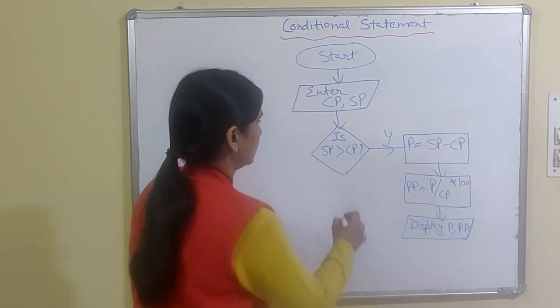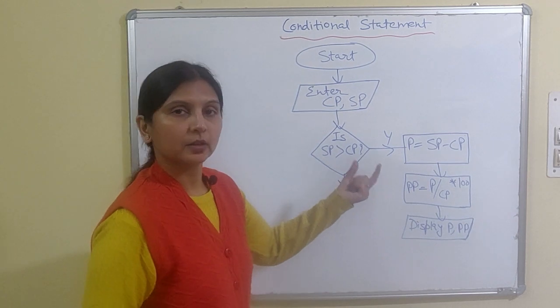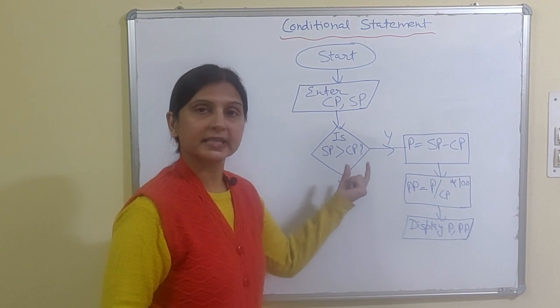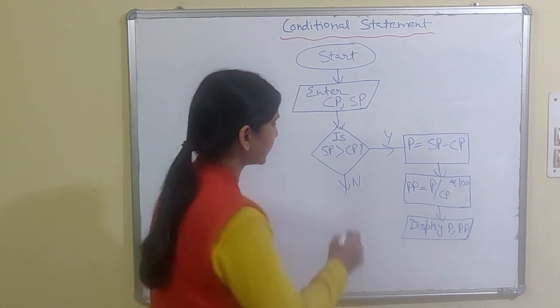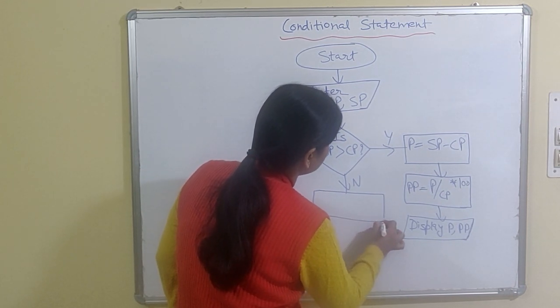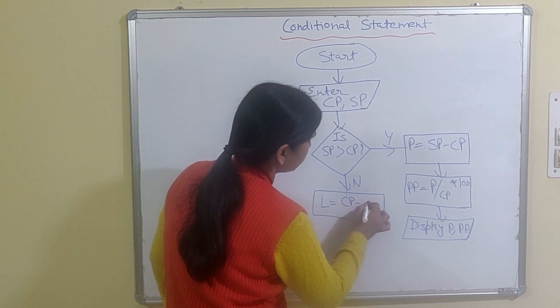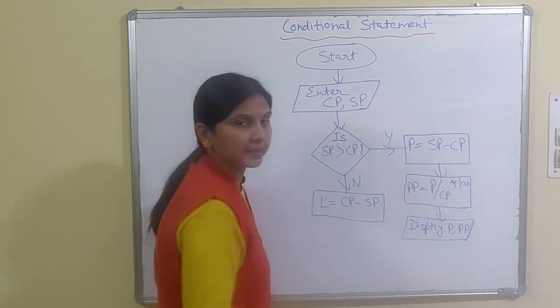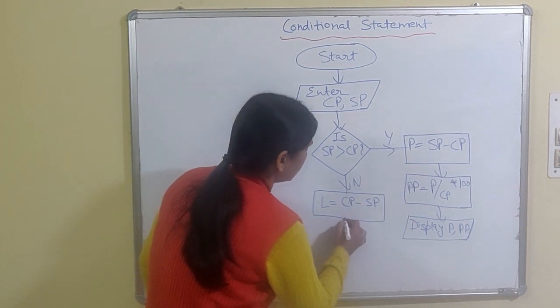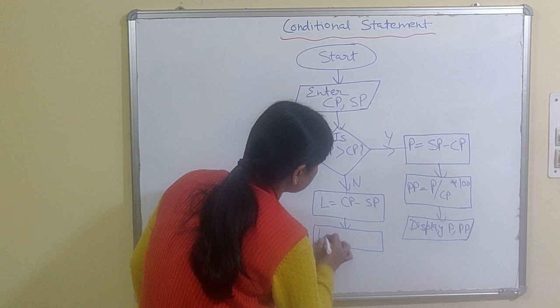Fine. Now if it is no means cost price is greater than selling price. In that case we will calculate loss, and the loss will be CP minus SP, and the loss percent, what is the formula for loss percent?